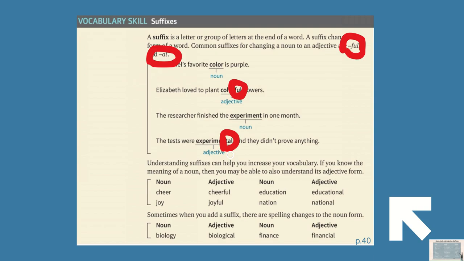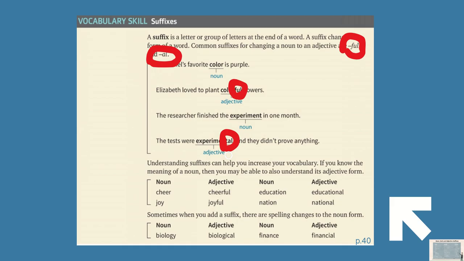So you can see the function of the suffix. Color is a noun. Added by FUL, it changes to adjective. Experiment is a noun. But once AL is added, it becomes an adjective.